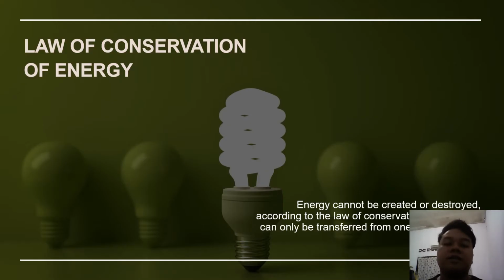Okay, next is the law of conservation of energy. The law of conservation of energy means energy cannot be created or destroyed. According to the law of conservation of energy, it can only be transferred from one type of energy to another.